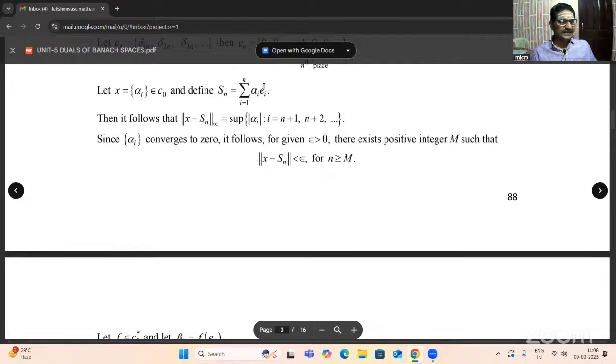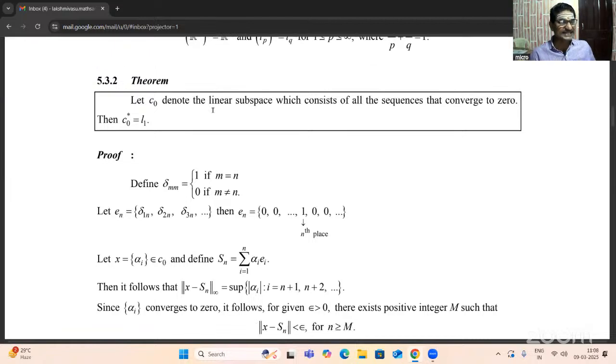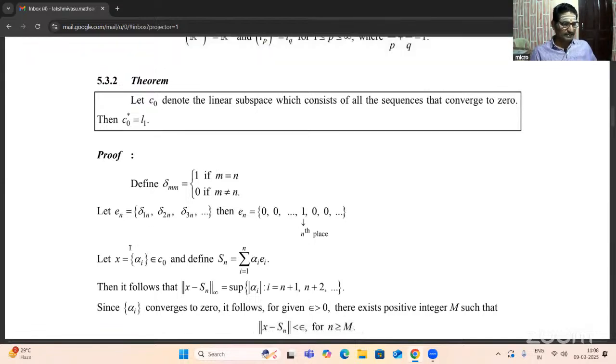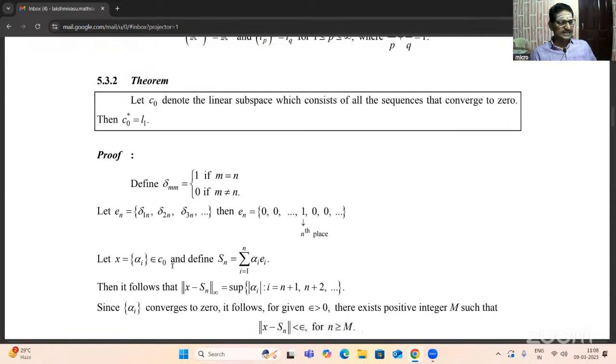And what is Sn? Sn is the summation of alpha i Ei. Now the sequence alpha i is the representation of x in the linear subspace of all sequences converging to 0, denoted by c naught. So given that subspace, that element is x, x equals the sequence alpha i, and so x belongs to c naught.